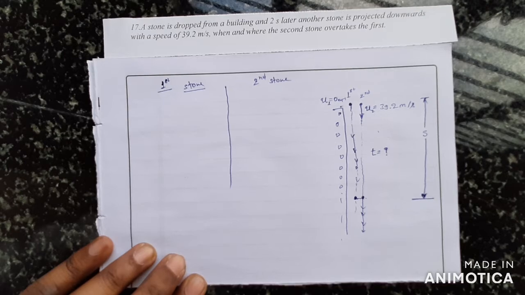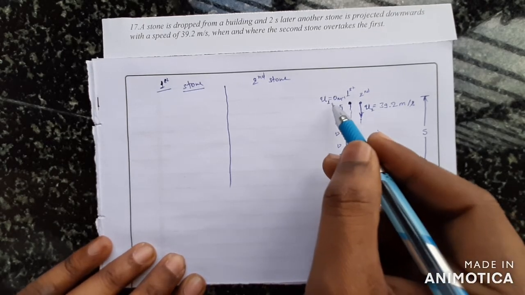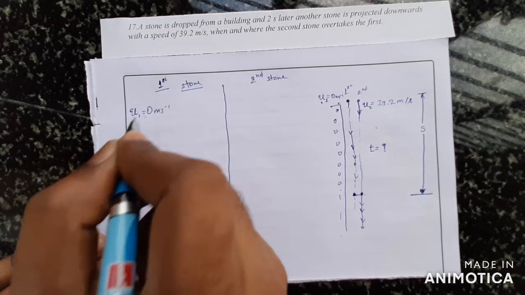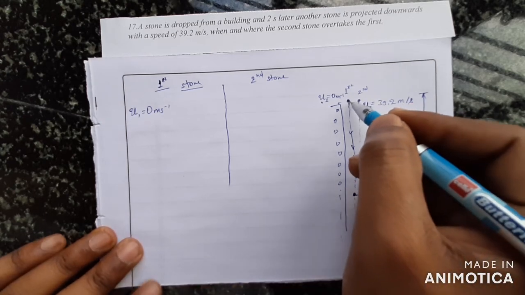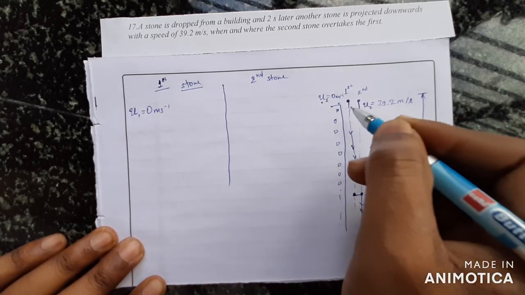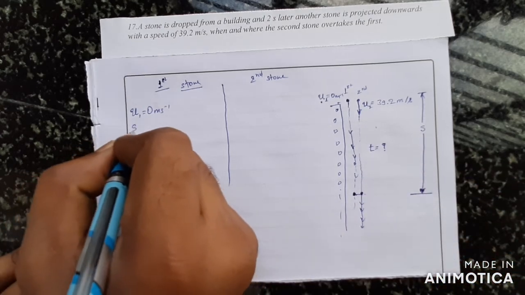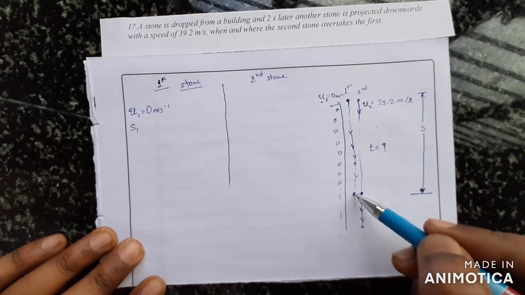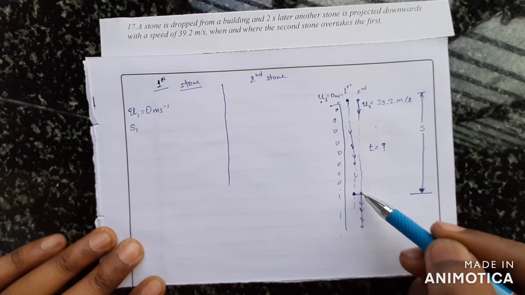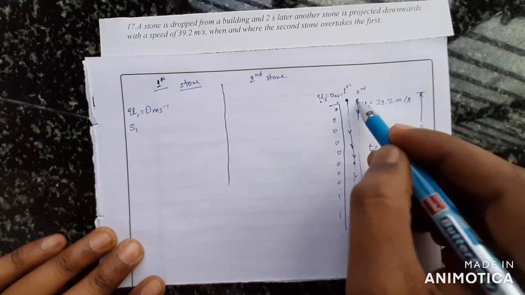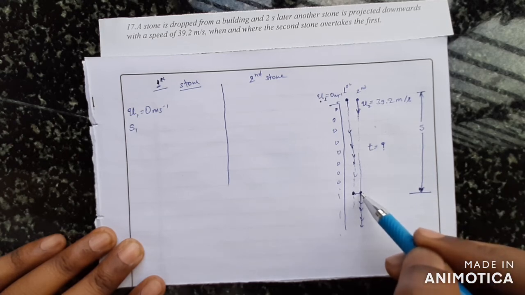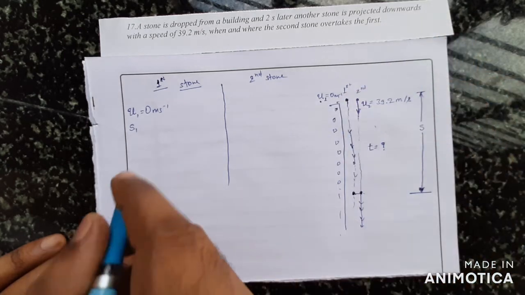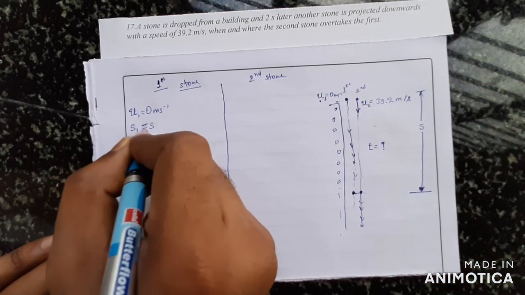For the first stone, the initial velocity u1 is 0 meters per second, and let the displacement of the first stone be s1. The first stone travels from here to here, and the second stone also travels from here to here because it has to overtake. The initial point and the final point of the motion are the same for both, so the displacement is the same for both bodies. So s1 is equal to s.